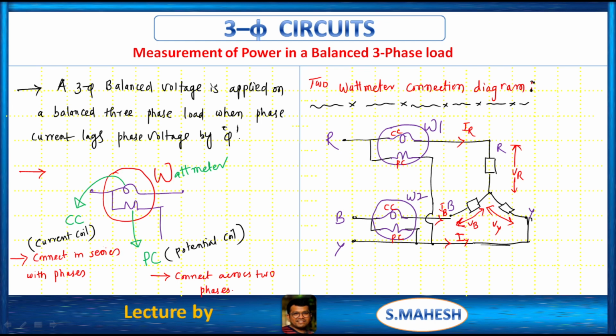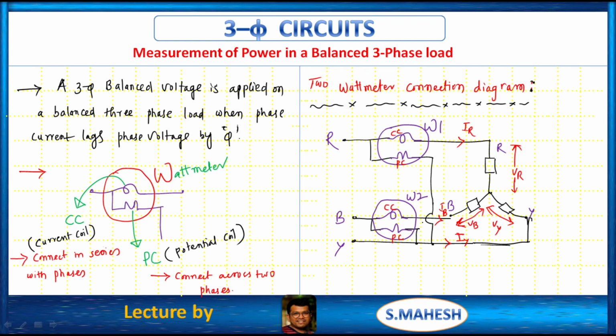So the current coil is connected in series with the R phase as well as the B phase. The potential coil of wattmeter 1 is connected in parallel with the R and Y phases, and the potential coil of wattmeter 2 is connected in parallel with B and Y. So we need 2 wattmeters to measure 3-phase power. We are connecting the other terminal of the potential coils to the last phase, that is the third phase.